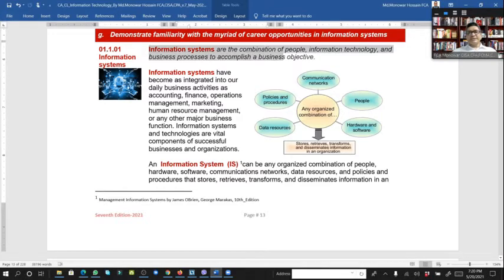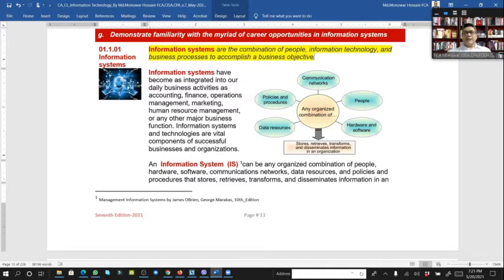We can say simply in a sentence, information systems are the combination of people, information technology, and business process to accomplish a business objective, because all businesses have a goal, mission, vision. To achieve the goal, we need to align the information system with the business goal, that means its mission or vision. So information system has become an integral part, that means integrated into our daily business activity.